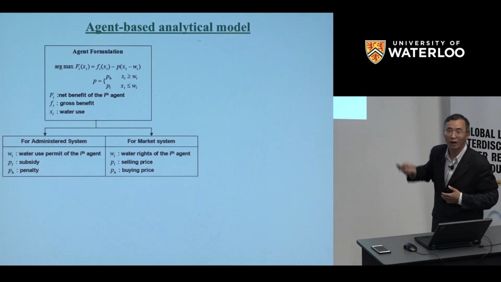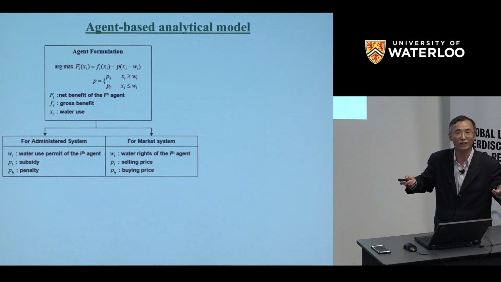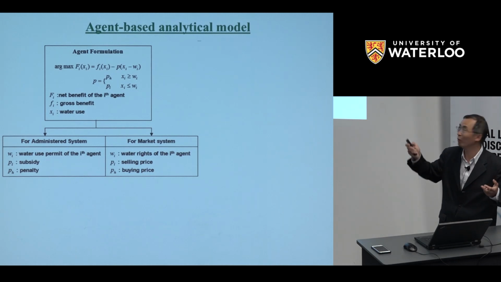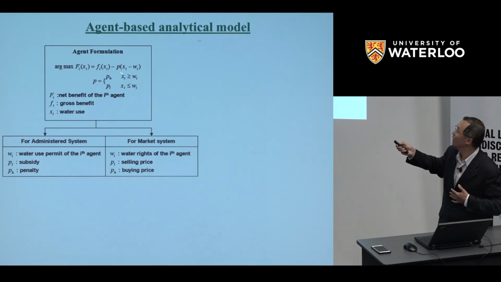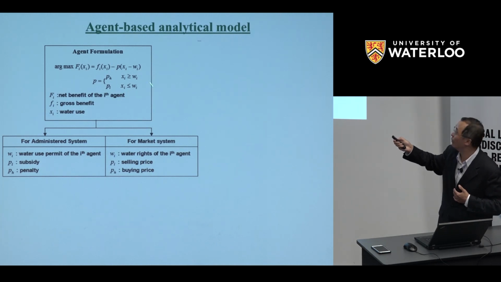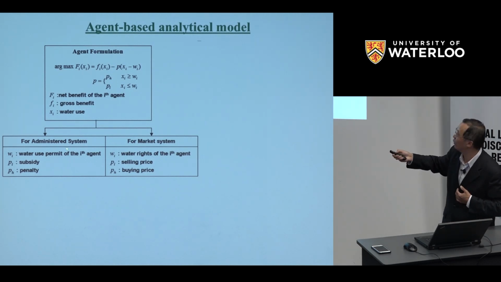And the other part, of course, in the real world, that's not realistic. They are always subject to some constraints or regulations. So this second part represents the environmental impact. We can explain those terms for two systems: one is the administered system, and the other is the market system.